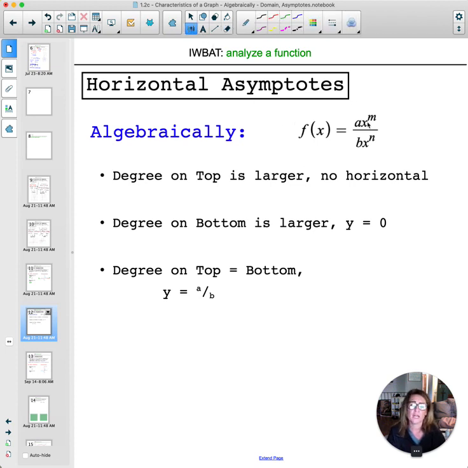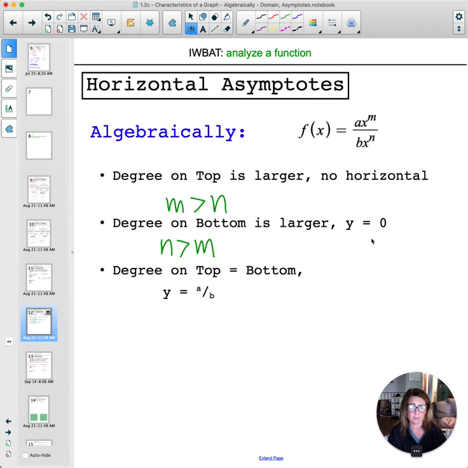So if the degree on top is larger than the bottom, like x cubed over x squared, there is no horizontal asymptote. If the degree on bottom is larger, like x squared over x cubed, so if n is greater than m, then the horizontal asymptote is automatically y equals 0.